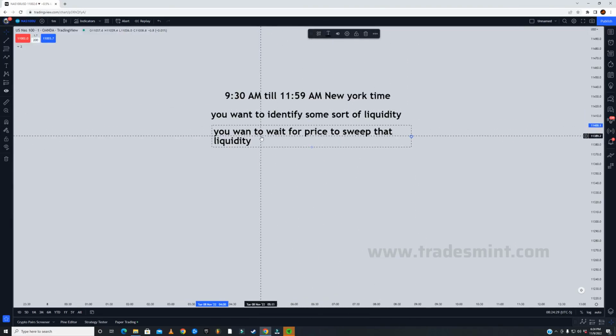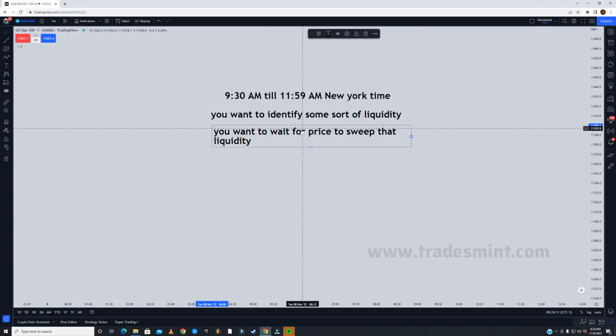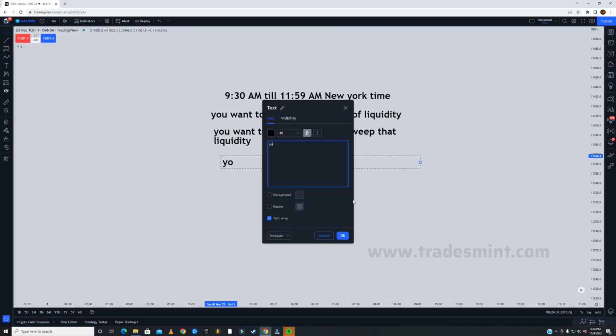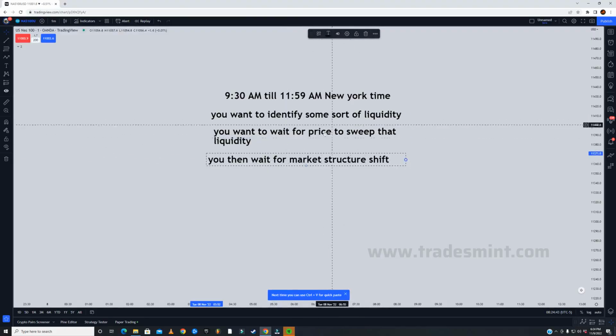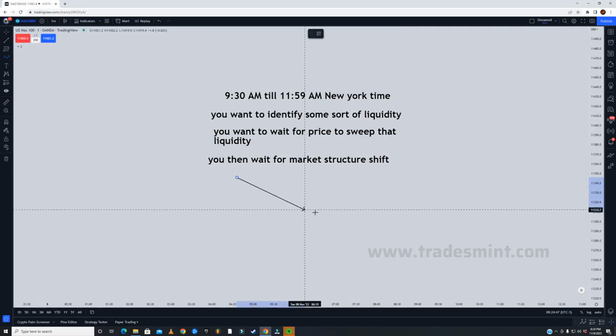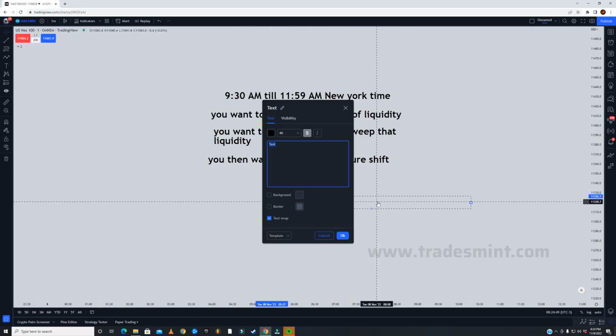Once the price sweeps out the liquidity, you want to wait for a market structure shift. Now there are two ways to enter. You can either take the entry from the first fair value gap, or you take your entry from the extreme fair value gap.